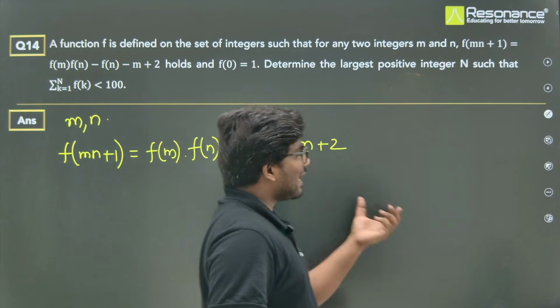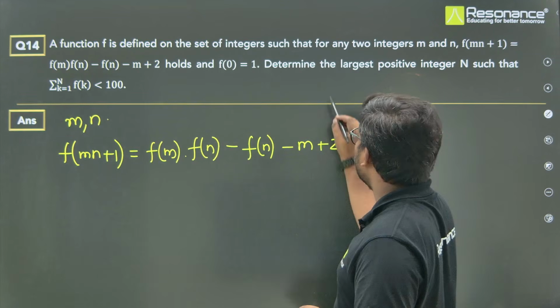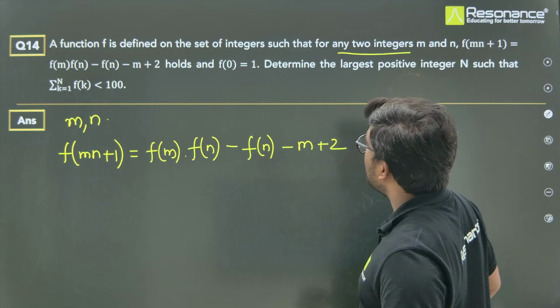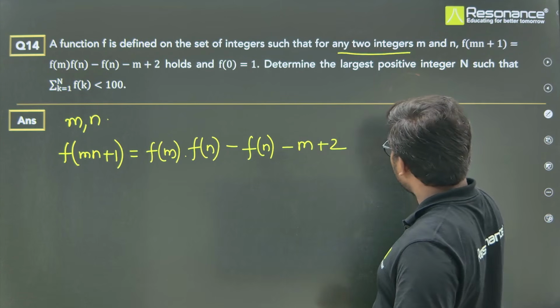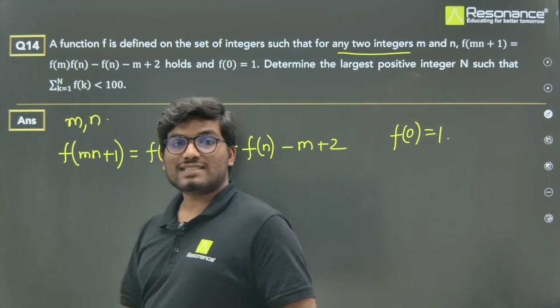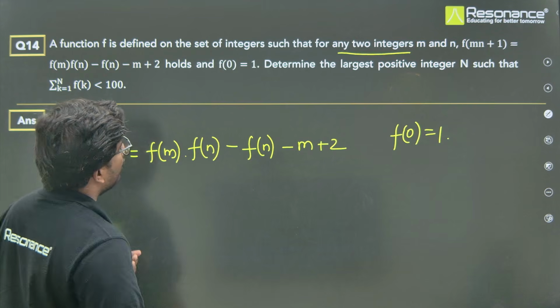They're giving us the information that for any two integers m and n, this functional equation holds good, and that f of 0 equals 1.